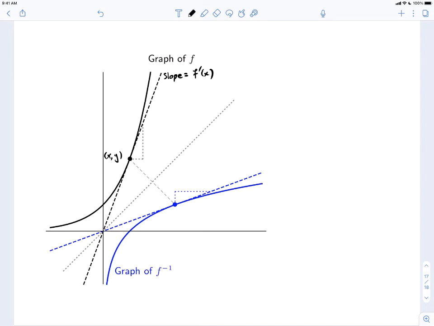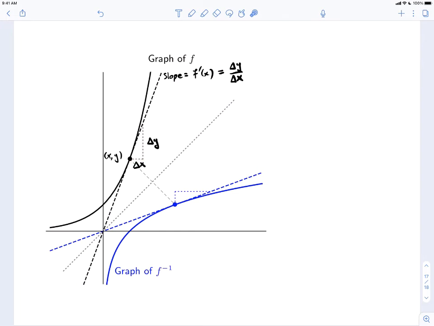Well, this value right here is the difference of the x's, and this value is the difference of the y's. So the slope is f prime of x, but that's the difference of the y's over the difference of the x's. For whatever this x and y value are here, this is x comma y, and then this is some new x comma y. So you just look at the rise over the run.